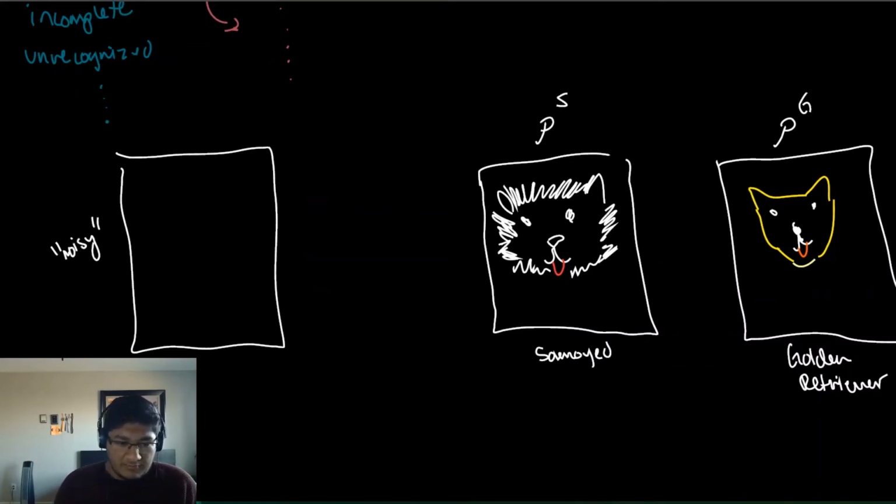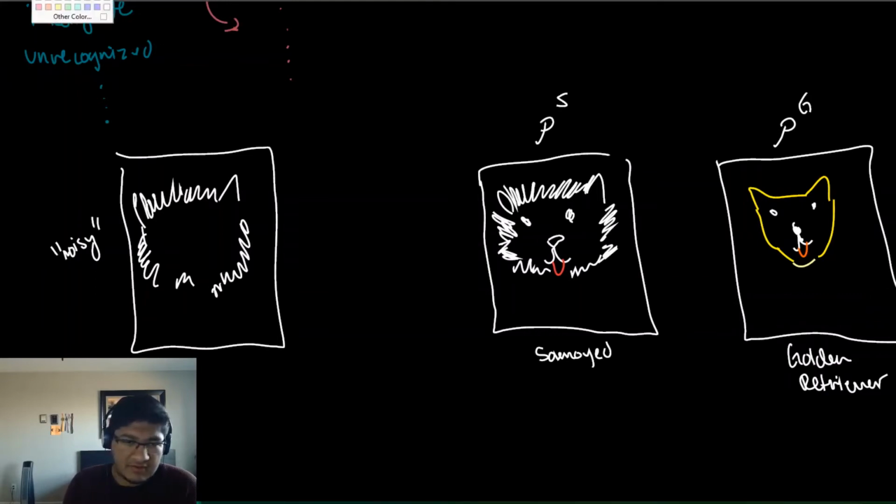We have much of this Samoyed hair, and the same Samoyed build, but then we have more snout activity, such as what a golden retriever looks like, and the same facial features as a golden retriever, let's say.